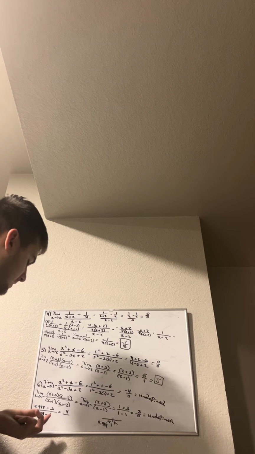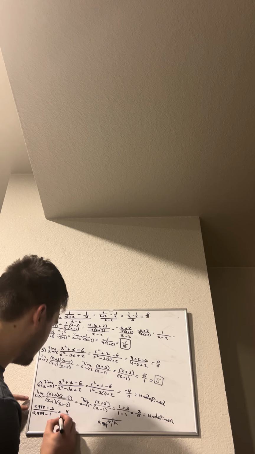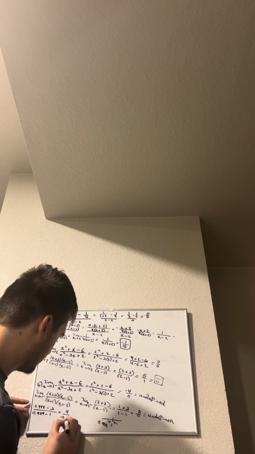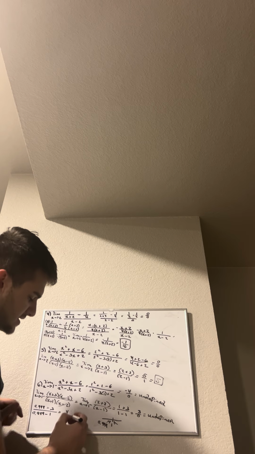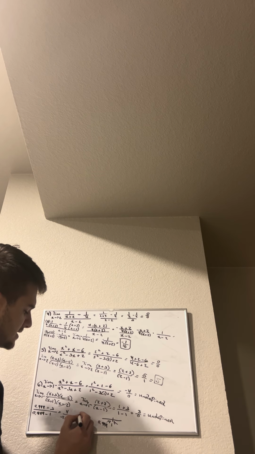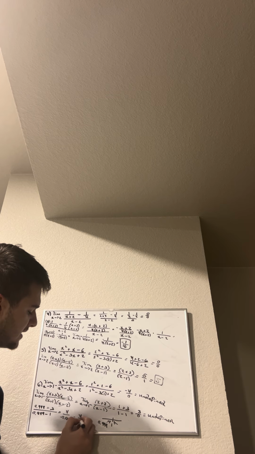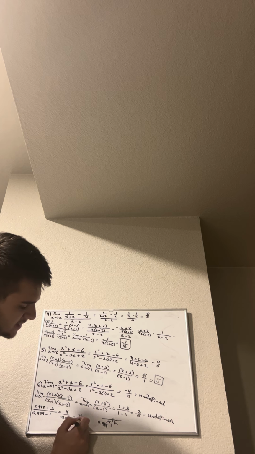But in the denominator we get negative 0.001, which gives us a negative 0 in that sense. So you have 4 over negative 0.